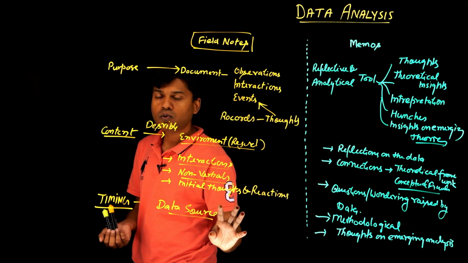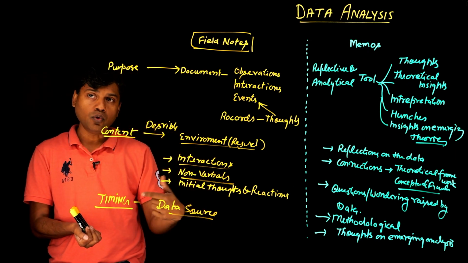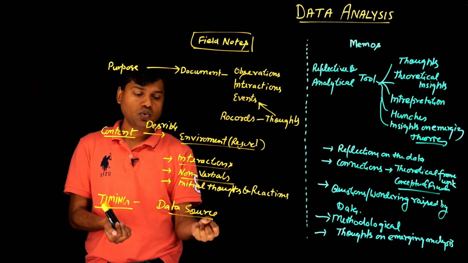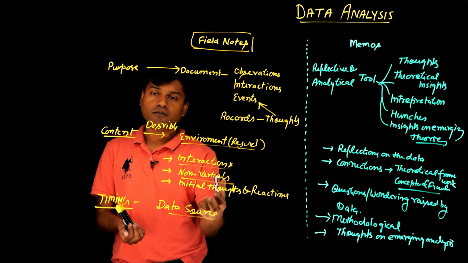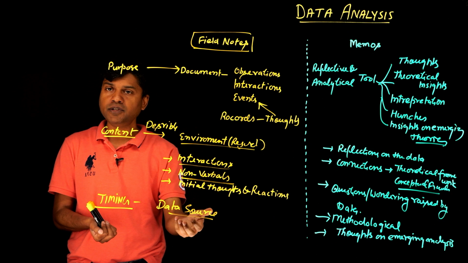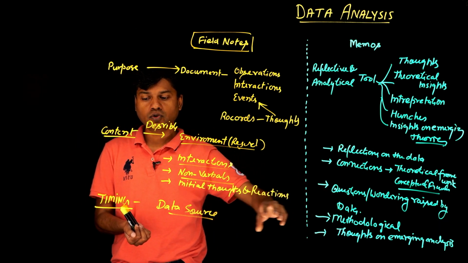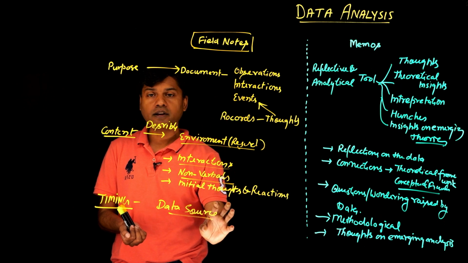So your field note is considered as data, and you also code your field notes so that you can use the information, maybe some codes emerging from there, which you include in your data analysis. So basically your field notes are a data source.